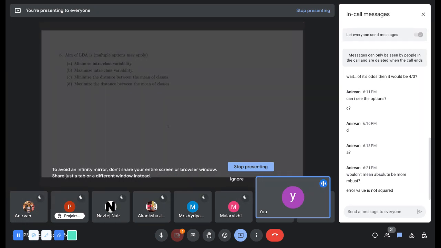Now we come to LDA, linear discriminant analysis. This question is very simple. If you know what LDA does, you should be able to answer this. There is more than one correct answer, to give you a hint.